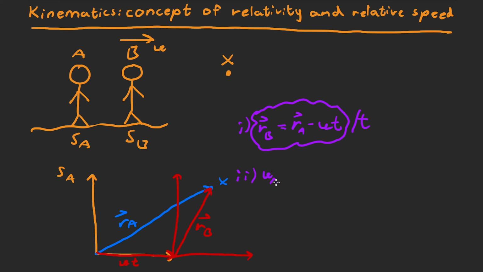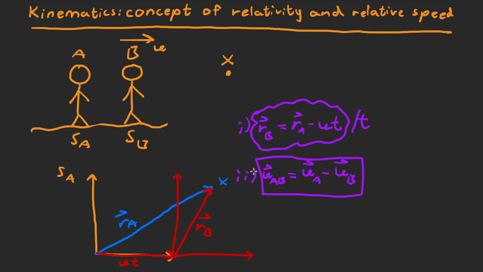We will get VAB, which I'll explain in a second, VA minus VB. Now this is our relative speed equation. But what does it mean?